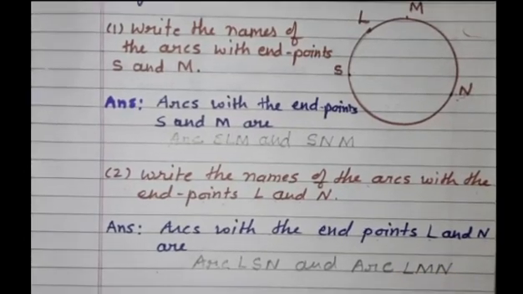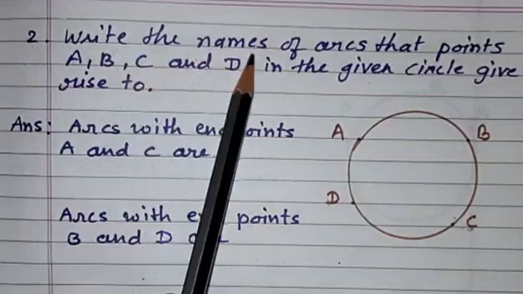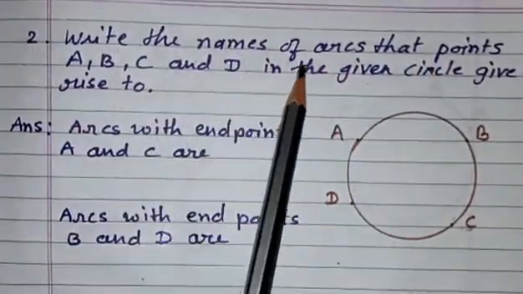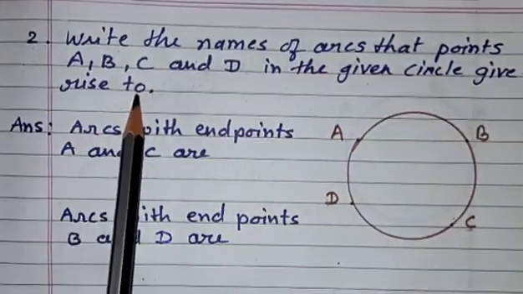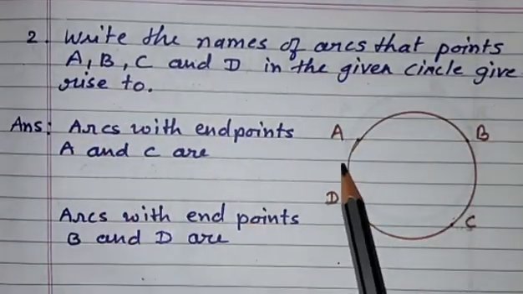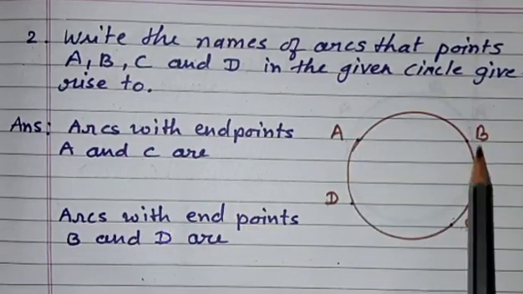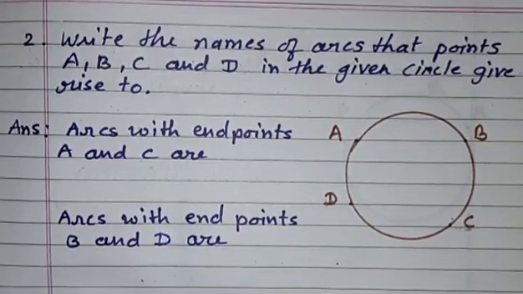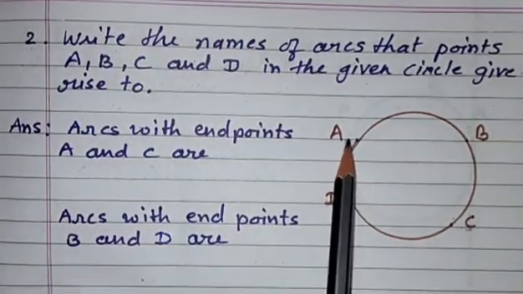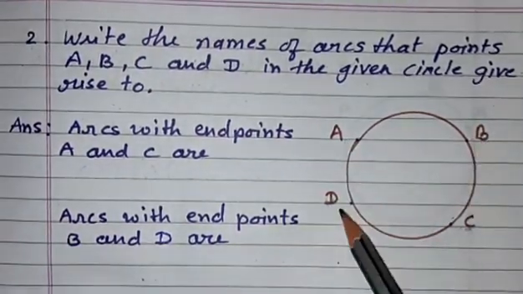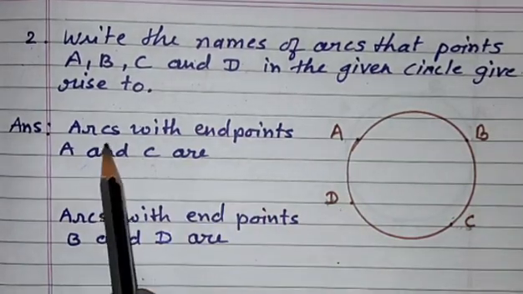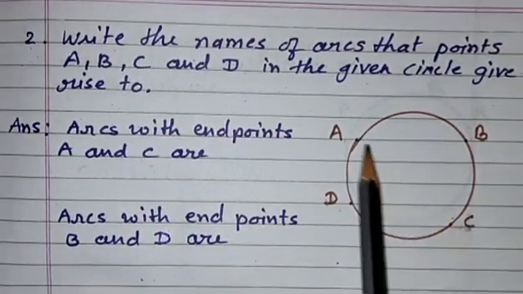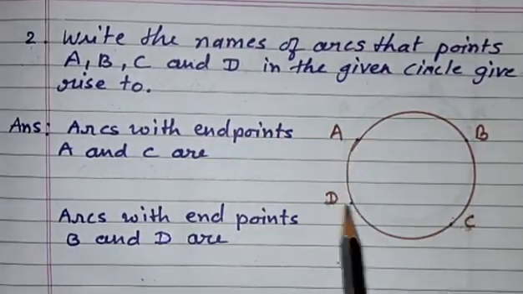Question number 2. Write the names of arcs that points A, B, C and D in the given circle give rise to. Here, in this circle, points are A, B, C and D. Arcs made with endpoints A and C, and B and D. So arcs with endpoints A and C are arc ABC and arc ADC.